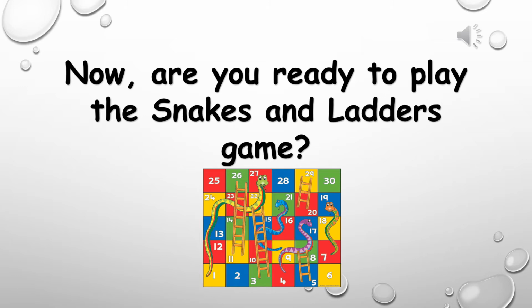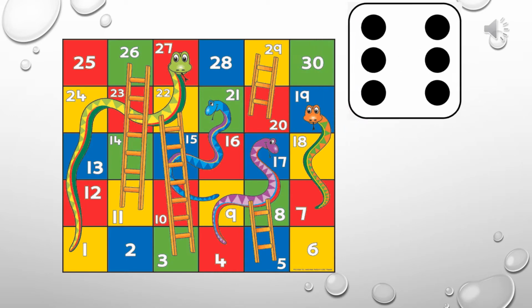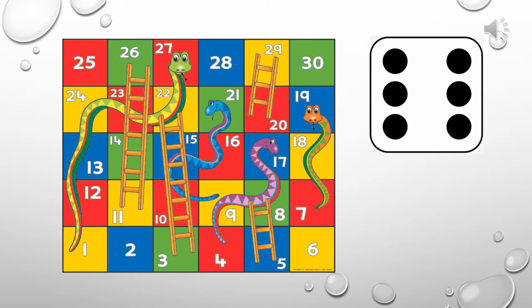Now, are you ready to play the snakes and ladders game with me? Let's begin now. This game is called the snakes and ladders game. Can you see there are many snakes and ladders on the board?